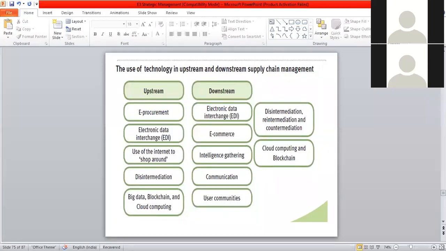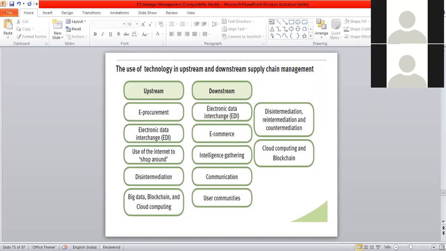Disintermediation is about intermediaries, what we call middlemen.